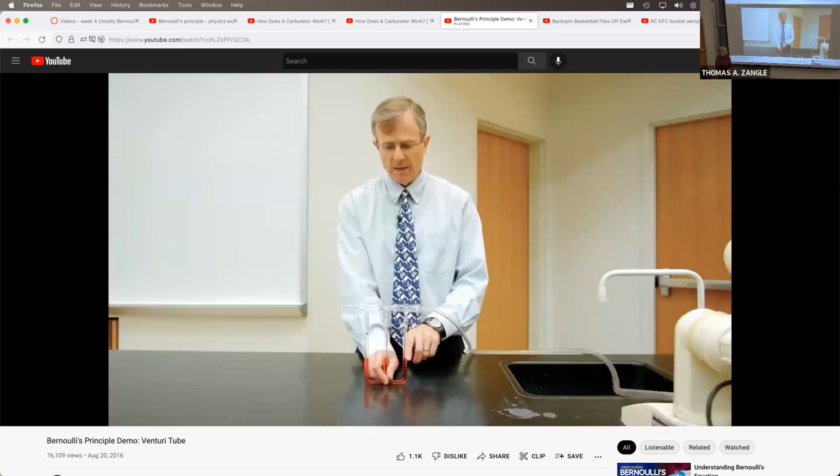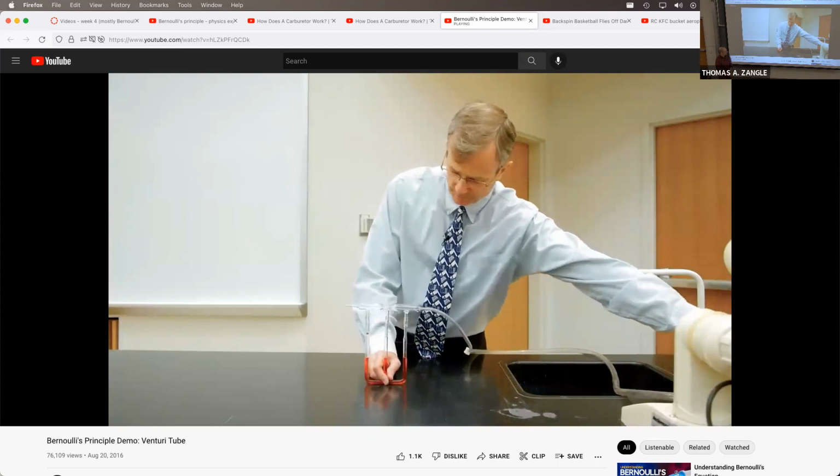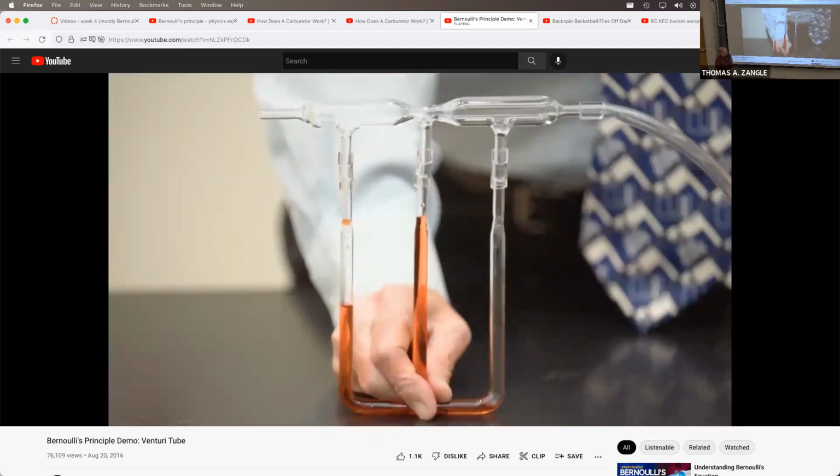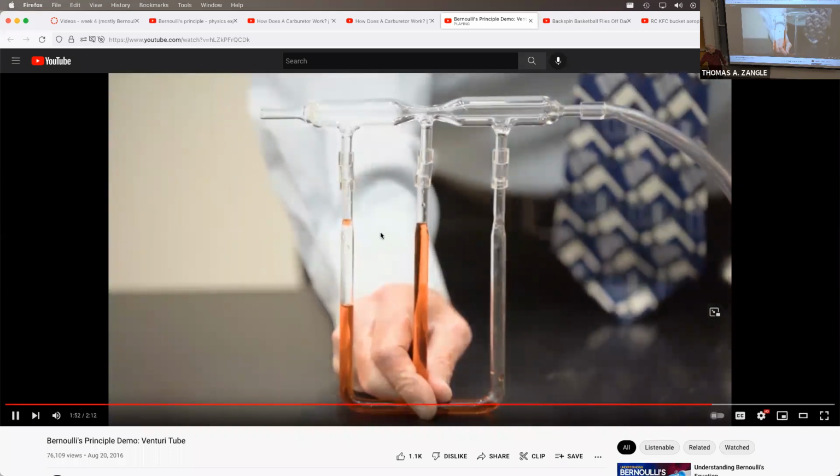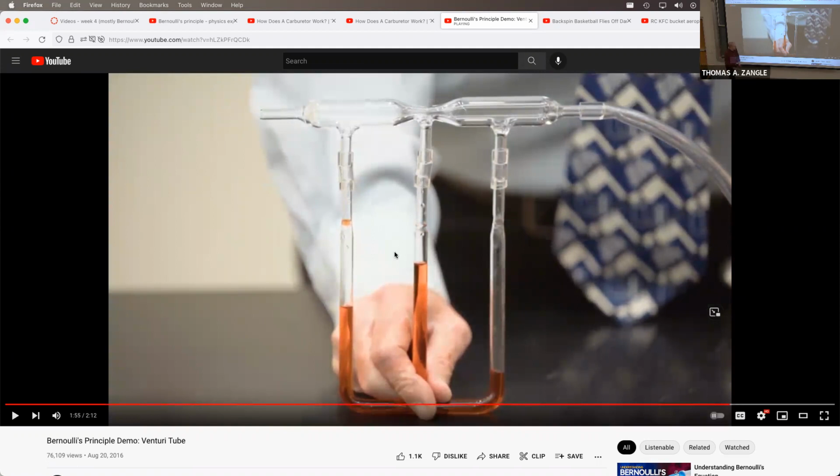So this one will rise higher than either of the other two. So we can see that the column of water does indeed rise higher in the center, right? Indicating that the pressure is lower at the center of the tube, as we expect from the equation.